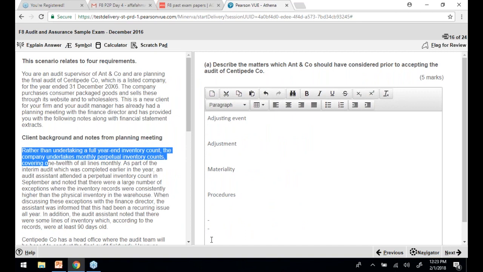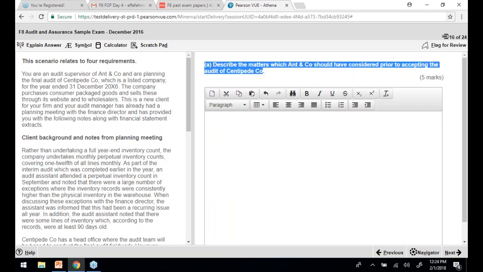Can I just quickly ask, do you know the answer to what's the requirement over here? These are 5 very easy marks. Can you just tell me if you've understood the question? Do you know the answer, the technical answer?